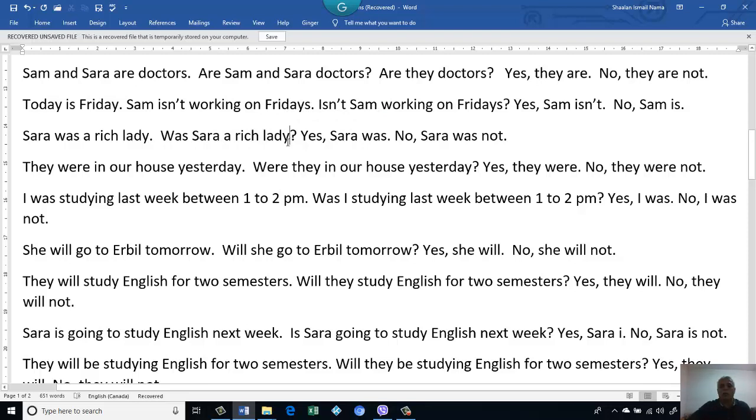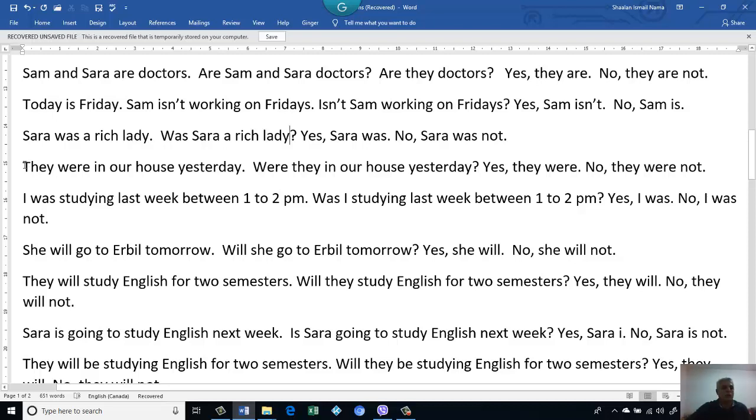Then we change it to the question mark. If we answer it, yes, Sarah was, or no, Sarah was not. Whatever auxiliary verb we have here, or maybe here, we're going to use the same auxiliary verb. We will not change it.